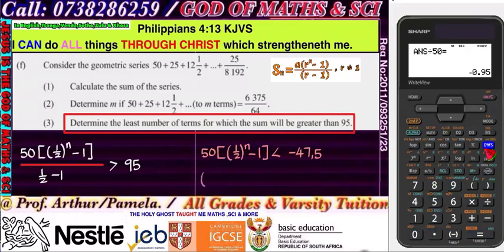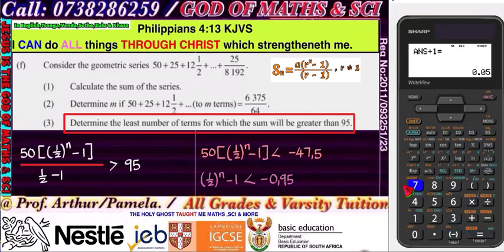So I still have half to the power of n minus 1 less than negative 0.95. There we go. The negative 1 must go to the other side, so it's going to be plus. So I must add 1 on top of that number. So it will be plus 1.